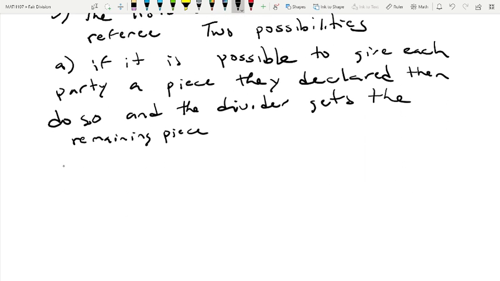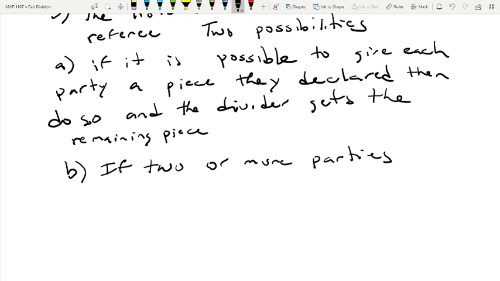The other possibility, B, is if two or more parties want the same piece, and none other.